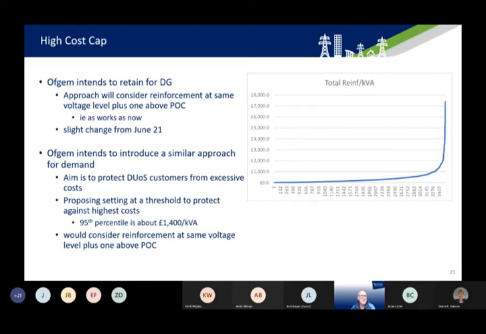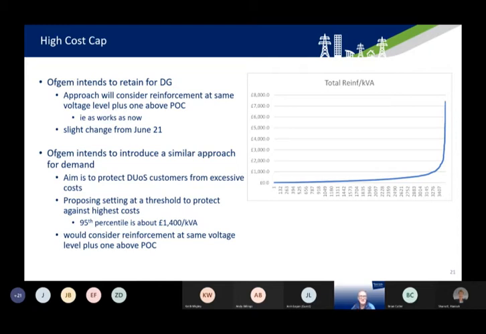So expensive ones aren't always caught by the cap because it depends on the capacity that's triggered. But if it's small capacity requiring a lot of reinforcement, then those are the ones it's trying to pick up. So as I say, that's one of the things Ofgem are asking for comments on.